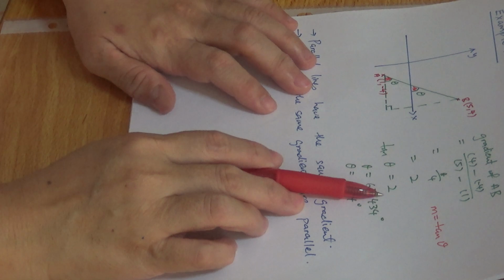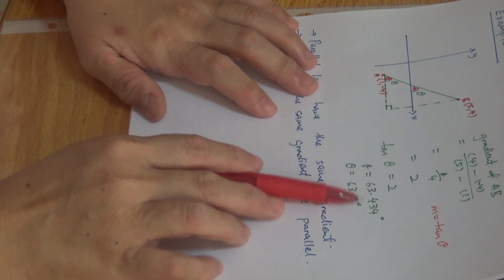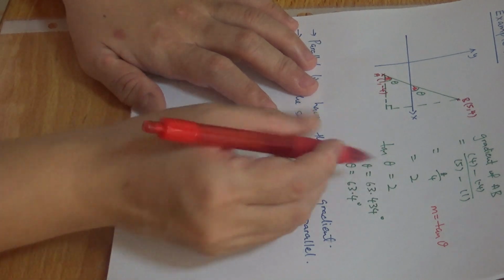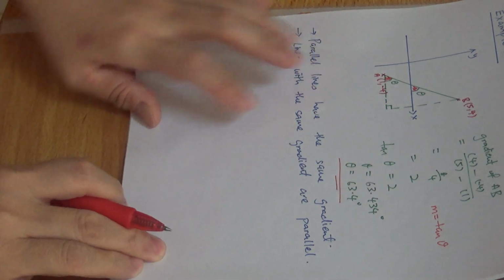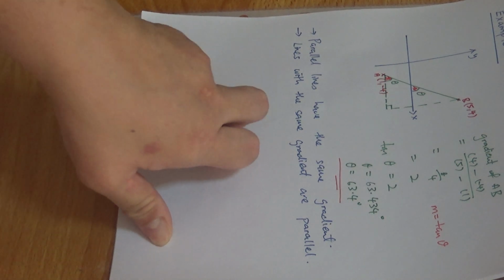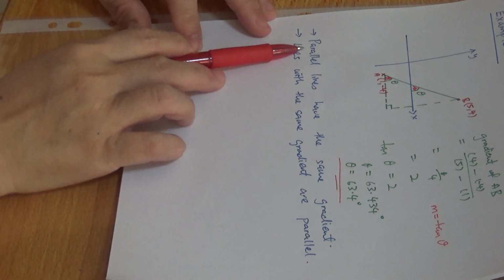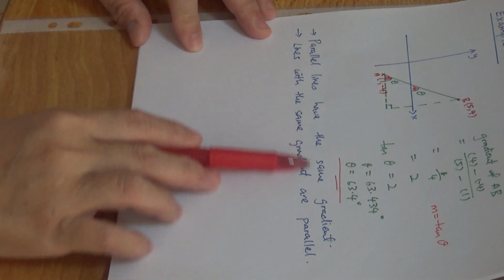So I will write down tangent theta is equal to 2. Then I key in tangent inverse, and I'll get the answer. So the angle of inclination will be 63.4 degrees.